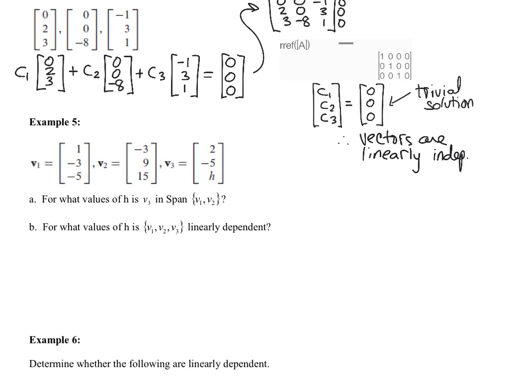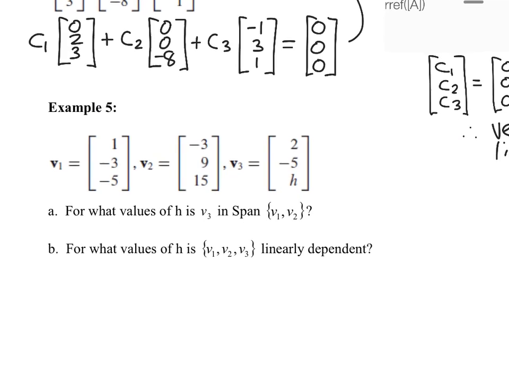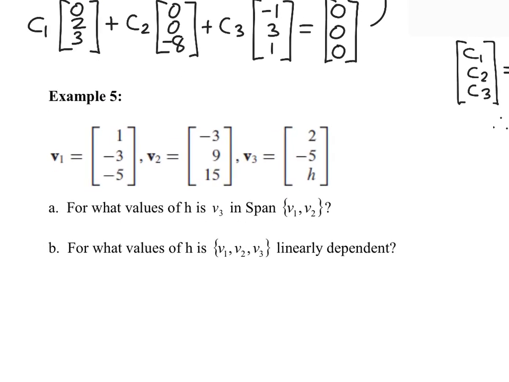All right, so let's develop a linear combination that's going to allow us to prove whether or not V3 is in the span of V1, V2. That should sound kind of familiar. So C1 V1 plus C2 V2 should be equal to V3.